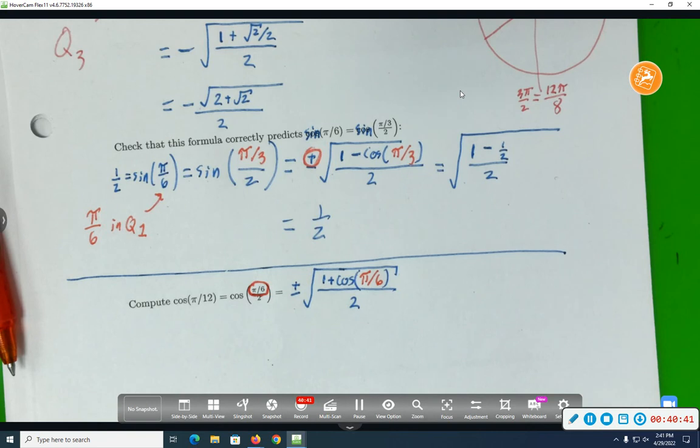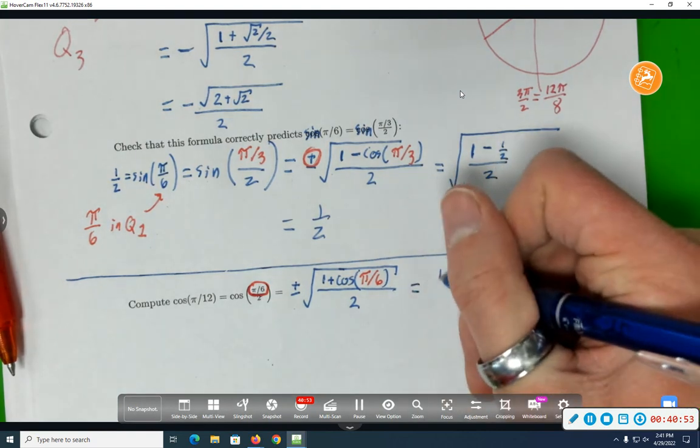Ruby, let's do it then. What's the cosine of pi over 6? Root 3 over 2. So let's replace that with that. I guess I didn't deal with the plus or minus sign. We should do that.